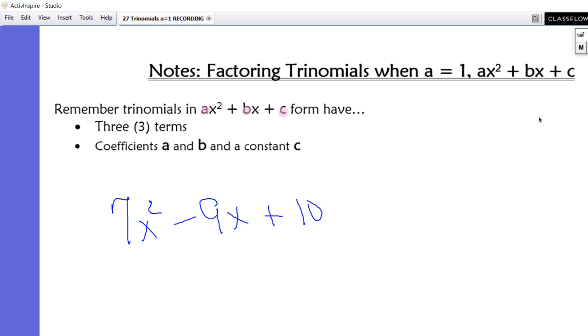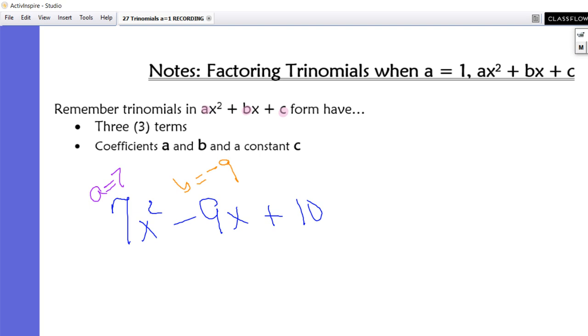So our coefficient of x squared is 7, and 7 is our value for a. So we've got a equals 7, and then we've got the x term, and that has a b in front of it. So b is equal to -9. We keep the sign that's associated with the coefficient.